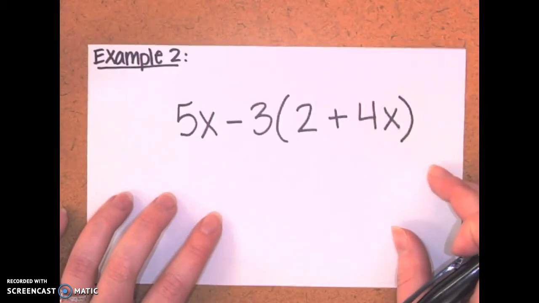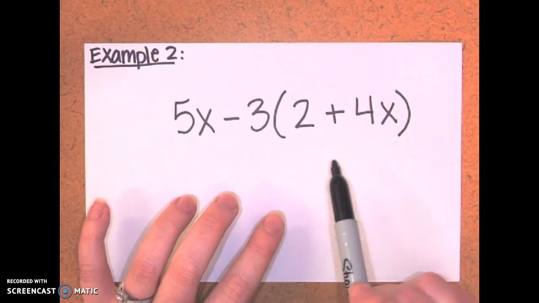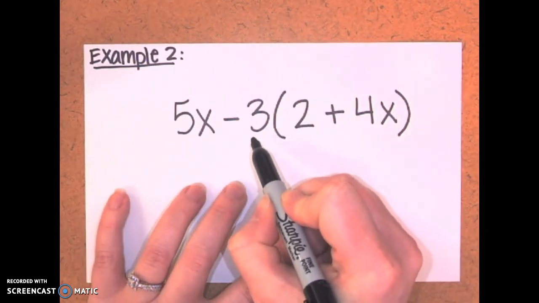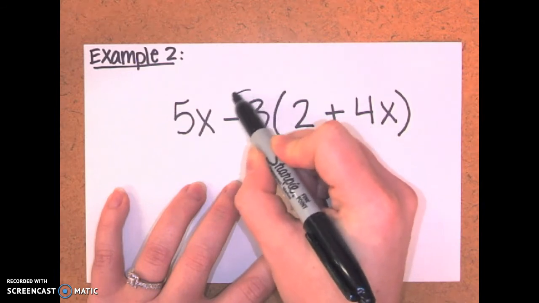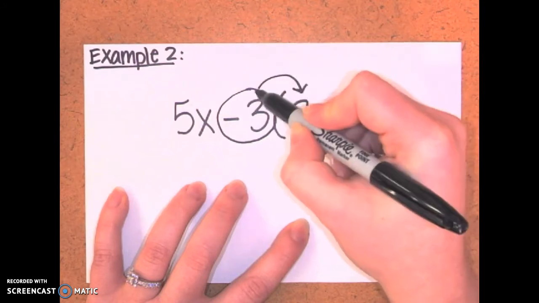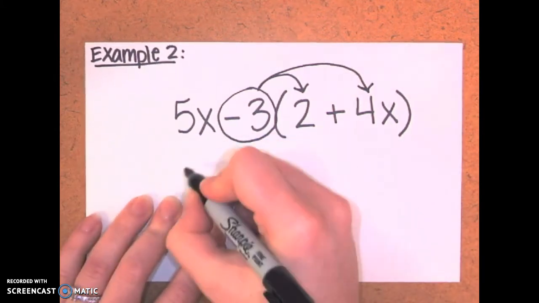Okay, the next example we're going to do, this one's a little weird, okay? The main thing you have to remember here is you are distributing a -3 to this stuff in parentheses. So this 5x, you're just going to drop it down.